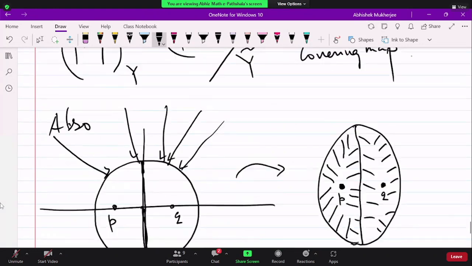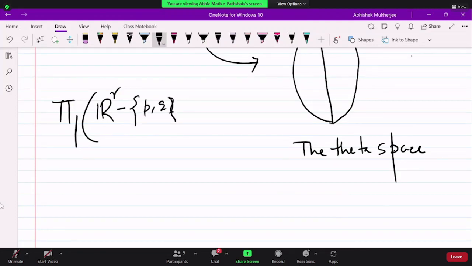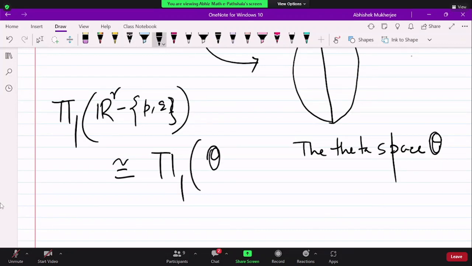Not only that, in this case also, we see that the fundamental group of this plane punctured at 2 points will be isomorphic to, let us denote it by theta, pi 1 of theta.